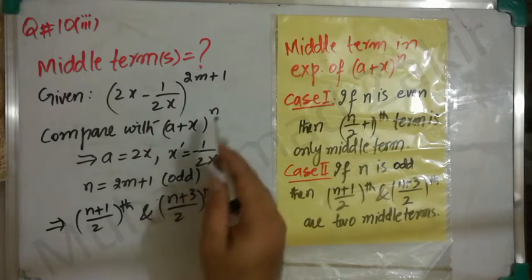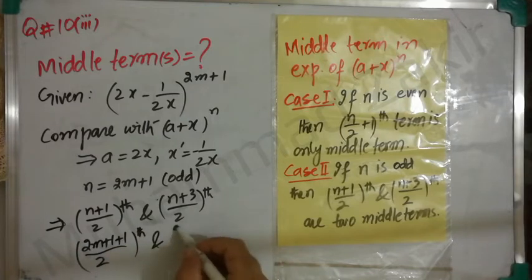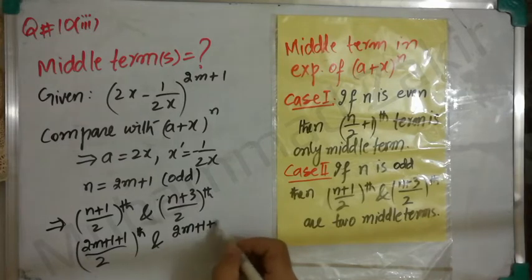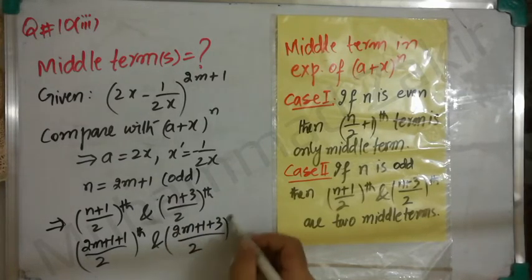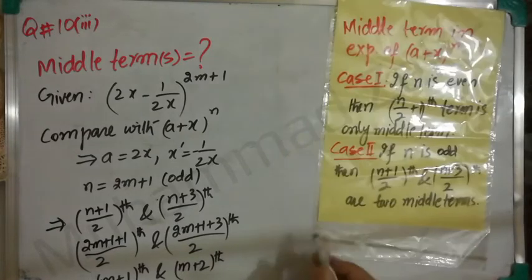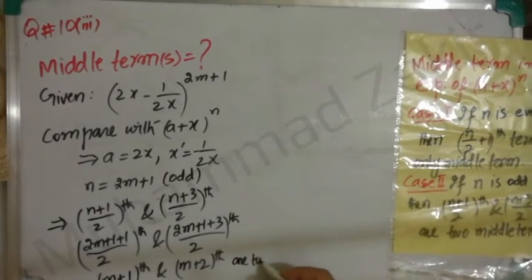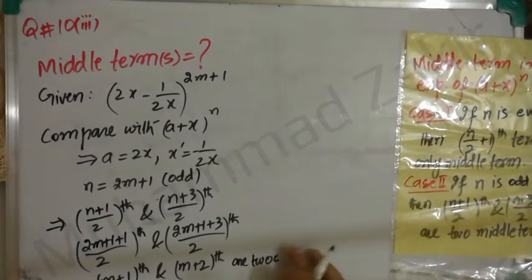If we substitute the value of n as 2m plus 1, then (2m+1+1)/2 and (2m+1+3)/2 get simplified as the (m+1)th and the (m+2)th terms. These are the two middle terms here.